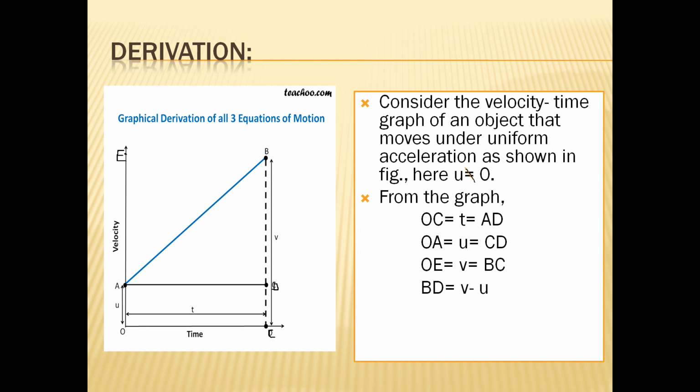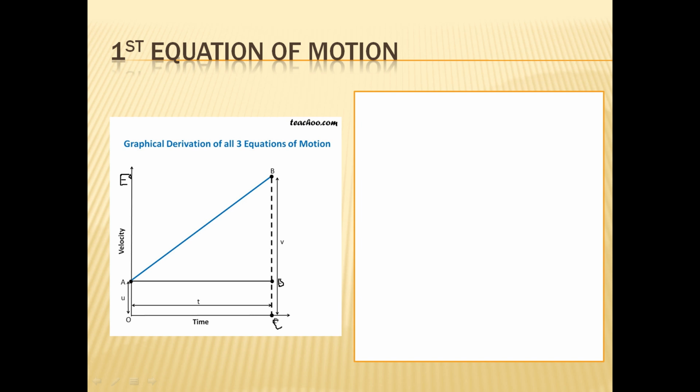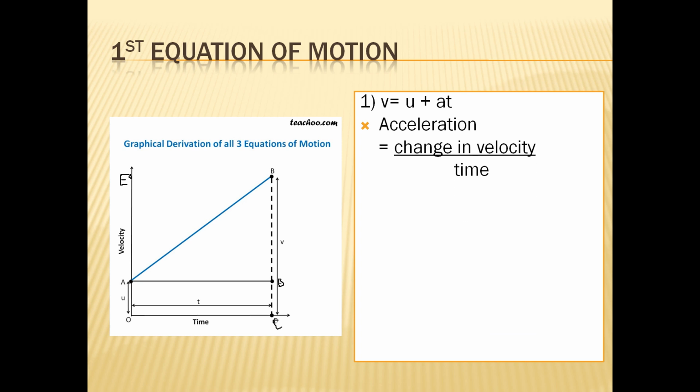Now using all these notations, we are going to derive one equation after another. So you have to write down these derivations. The first equation of motion is v equals u plus at. Here we are finding acceleration from the graph. Acceleration, the formula is change in velocity upon time.